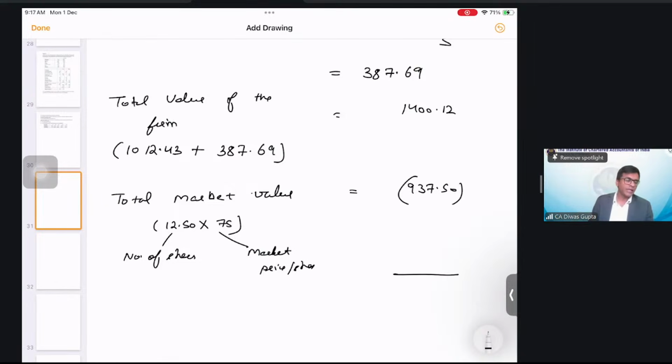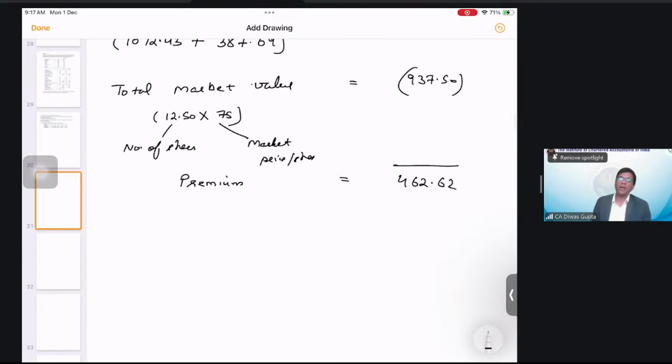If we reduce this, then it becomes 462.62. This is the premium that we are talking about, right? Over and above the current market value, how much you are able to give is this much.